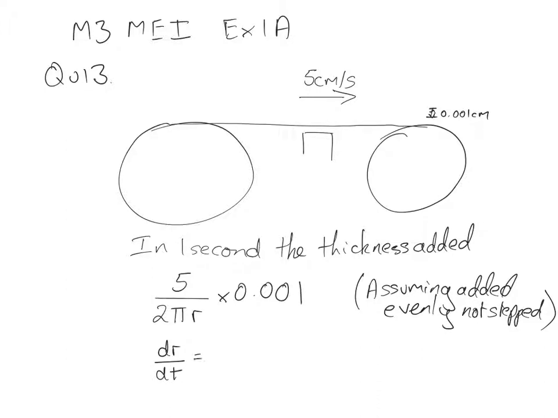So the rate of increase of the radius is 5 over 2 pi r times 0.01, which is 0.0025 over pi r.